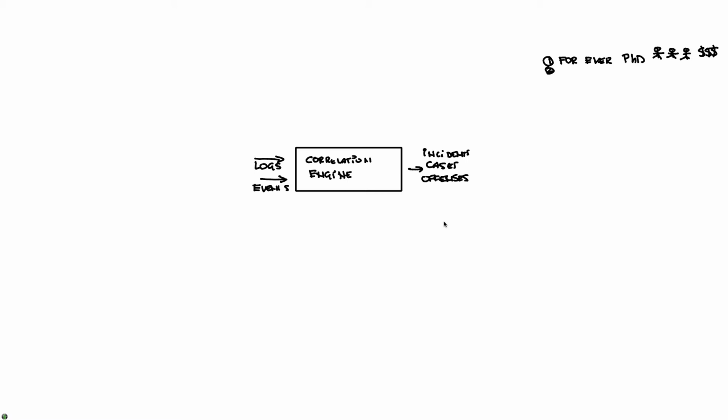Second problem is that these systems generate a tremendous level of false positives, which means they alert you about very many things that are not really that relevant, and that discourages a lot of people. Third problem is that in spite of generating all those false positives, they miss a lot of things.